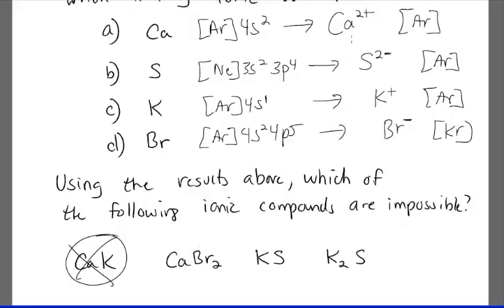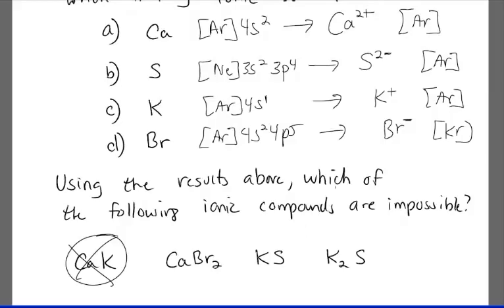Calcium and bromine. Calcium is positive, 2+. Bromine is 1-. They are opposite, one's plus, one's minus, but the magnitude is different. So when you have 2+ in the calcium, you'll need 2 bromines that are 1-, and that's exactly what we have. So this is a valid compound.